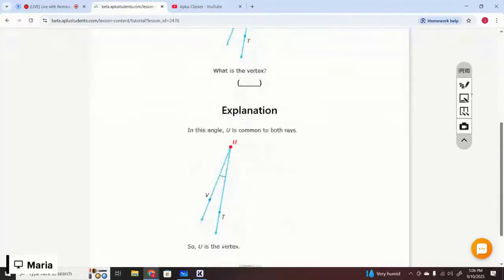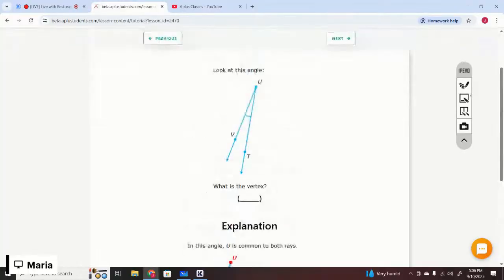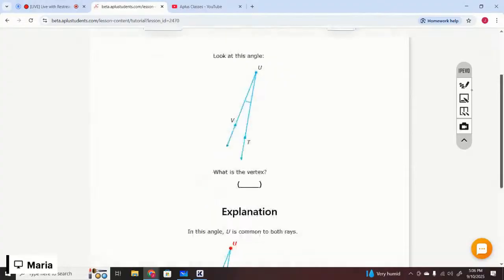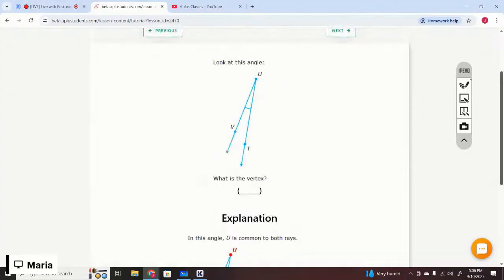Look at this angle. What is the point, the common point between the two rays? So U is the vertex because U is the common point for both the rays.